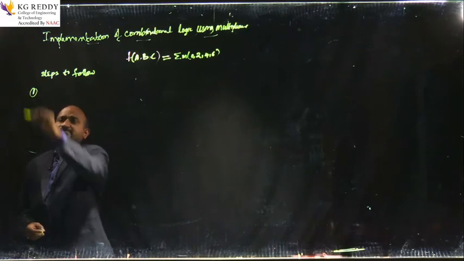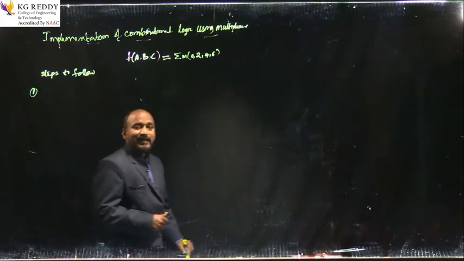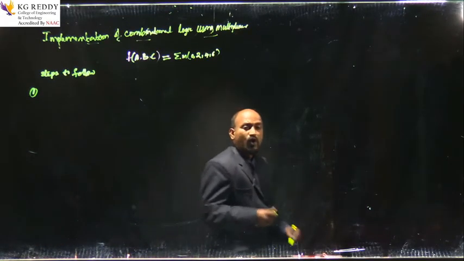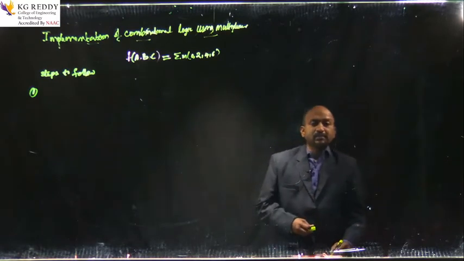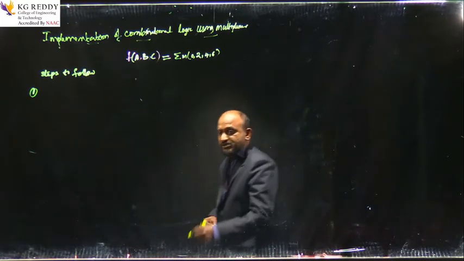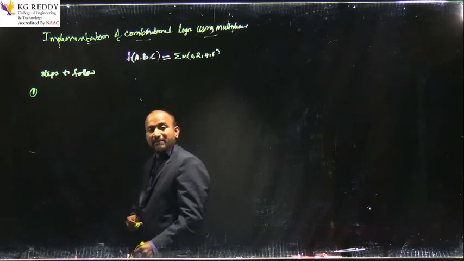The first step: usually the examiner will provide the Boolean expression, and from it we design the multiplexer.